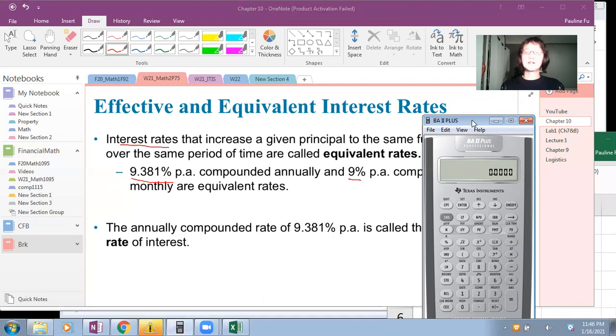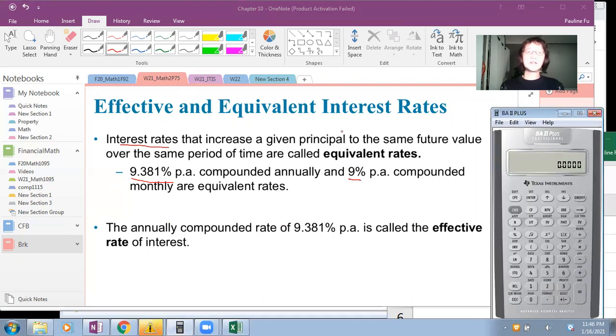First, calculate the future value if interest is 9.381% compounded annually. Because it is compounded annually, we need to set PY equal to 1: second, PY is 1, enter. Down arrow, CY is 1, second quit. Now I will enter $1 as present value.